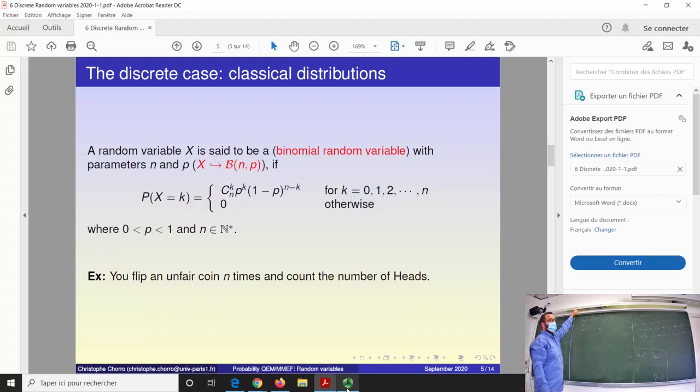So it is n minus 1 minus (k minus 1), multiplied by p.